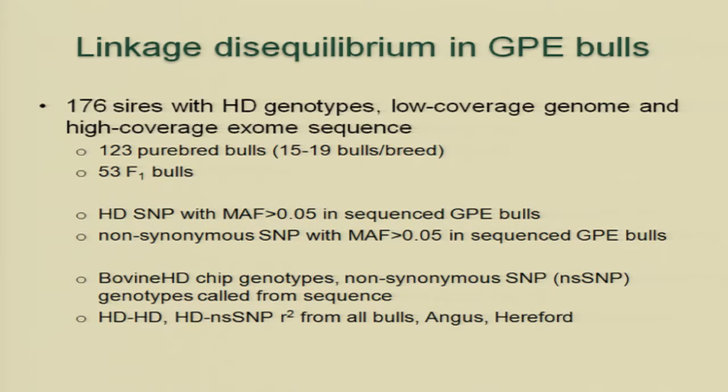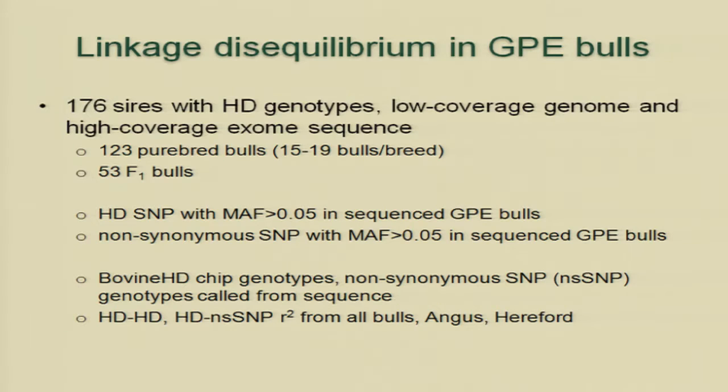So given that, I thought it would be worth taking a closer look at what we actually do see in LD patterns between the high density chip and our sequence data. What I used for this was 176 bulls that have high density genotypes and exome sequence that averages about 20x over the protein encoding region of the genome.